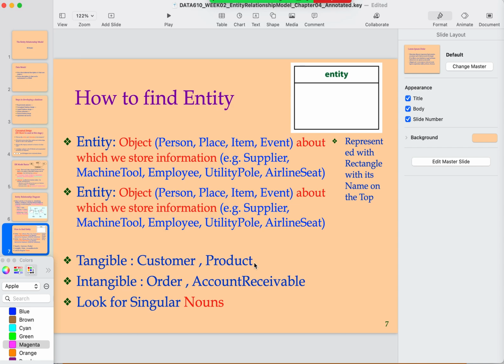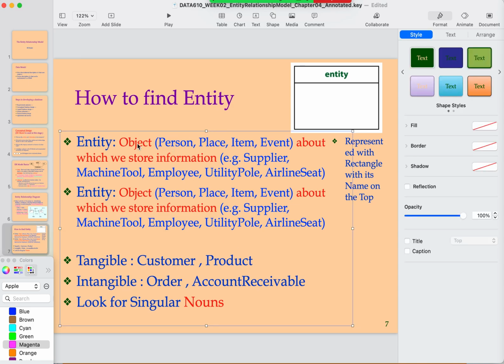So the entity, as we mentioned, is an object. It can be a person, a place, an item, an event about which we are storing the information, as we already gave some examples, but it can be an employee, supplier, a machine tool, an airline seat.